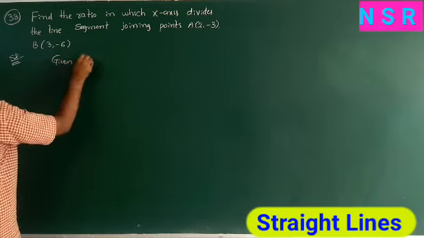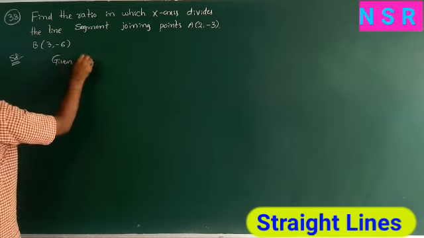The x-axis divides the line segment in the ratio minus y1 is to y2. So this is a formula.